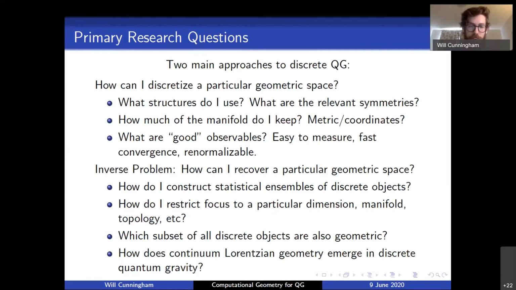An important caveat to all of this is, of course, the scale. Since we are interested in simulating things, it's very important that these graphs are things that fit on computers. So like I mentioned above, good observables have fast convergence. Certain things that we've studied, such as the Ricci curvature, may converge at a logarithmic speed.